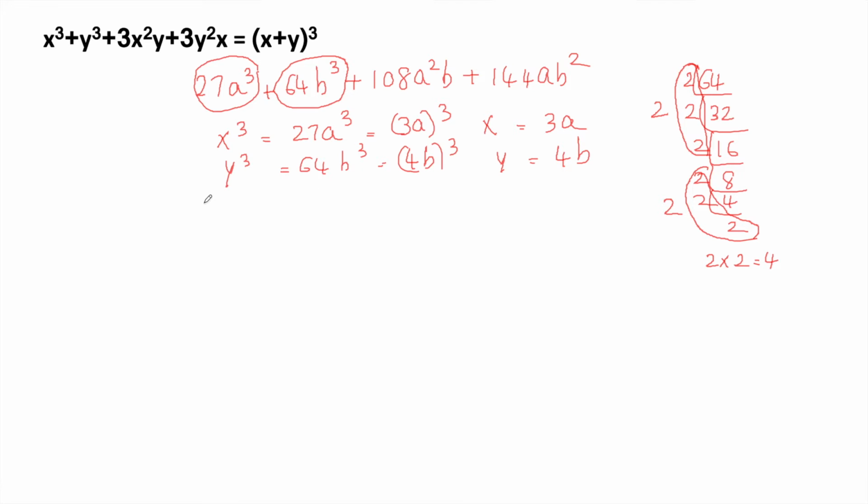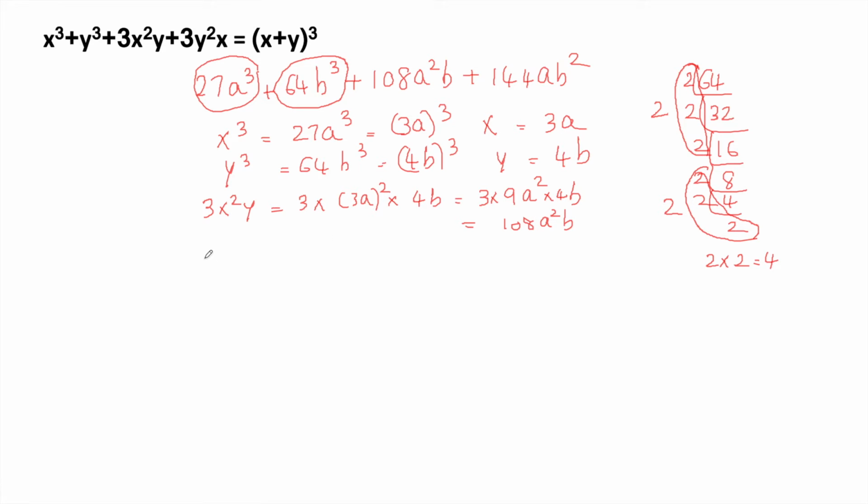And what is 3x square y here? That is 3 into 3a square into 4b, which is 3 into 9a square into 4b, equal to 108a square b. So it is verified here.